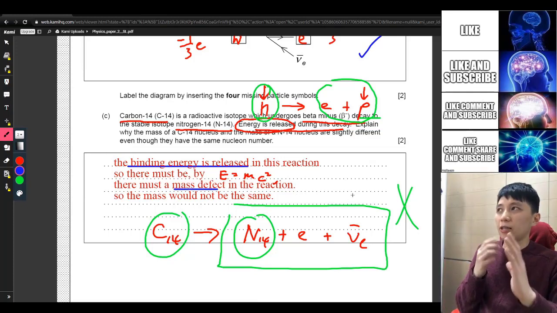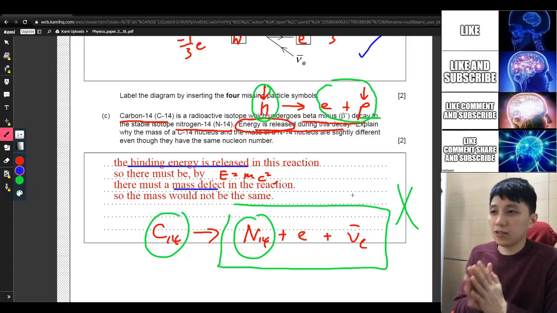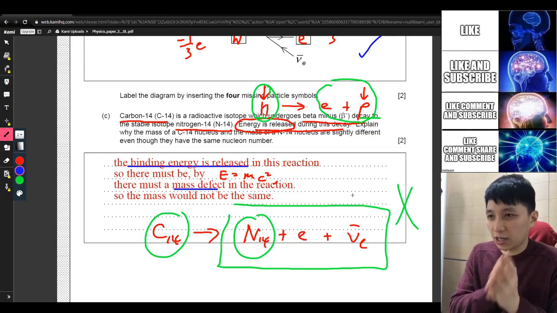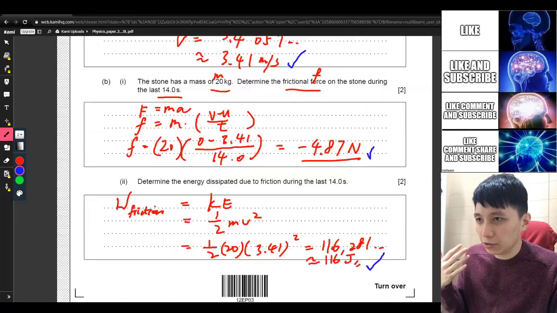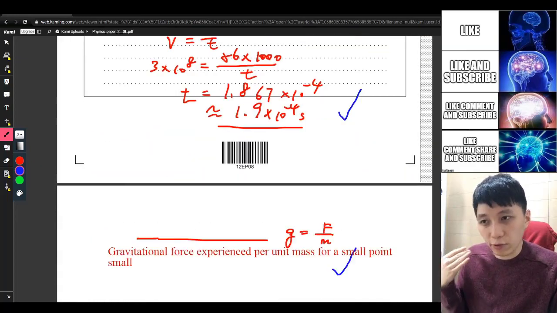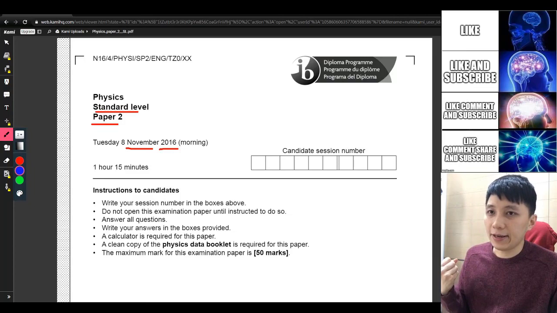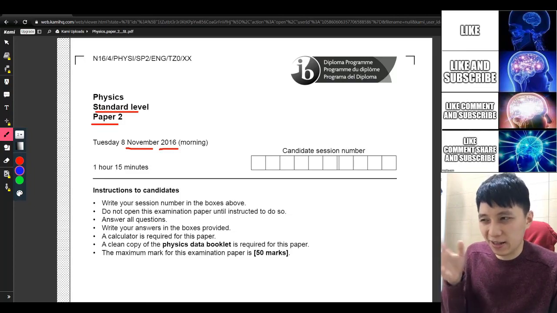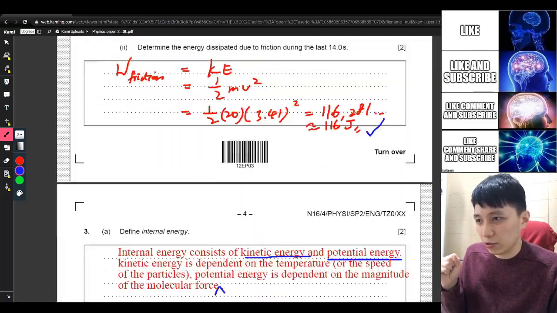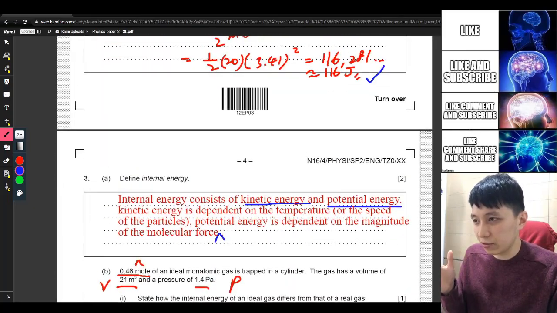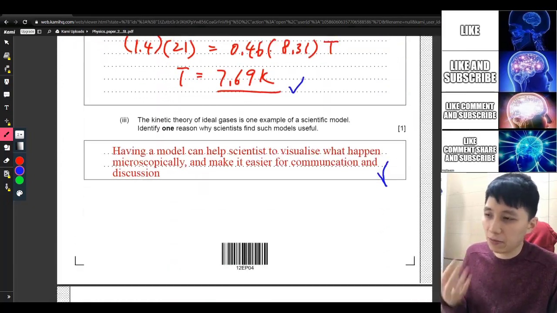So that's why I usually recommend you have a strategy to try to do the whole paper within the time. So let's say this paper is 75 minutes. Maybe aim to finish it in 1 hour, leaving at least 5 to 10 minutes at the end. Then when you do questions like explanation, go back to add something more.